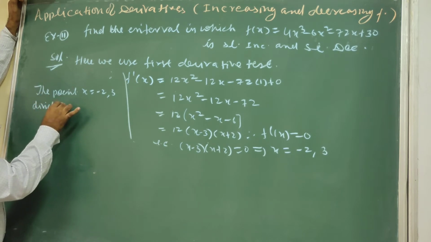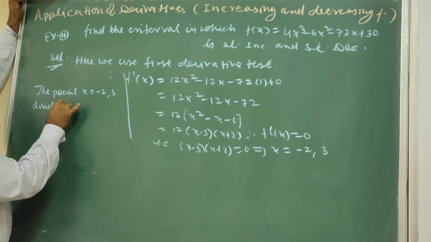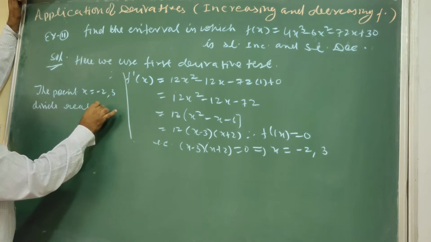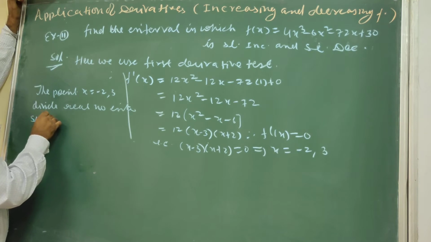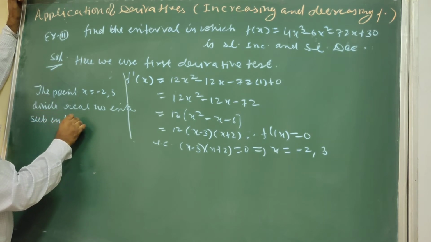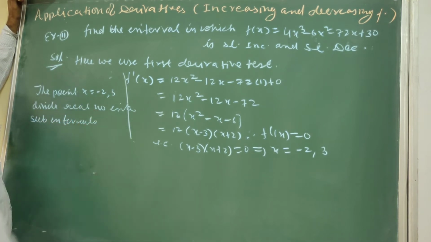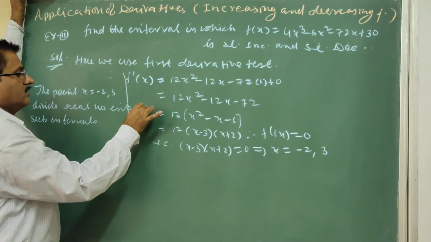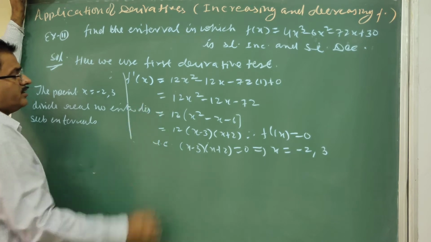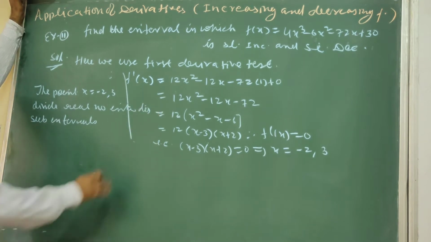So these points divide the real number line into disjoint sub-intervals.